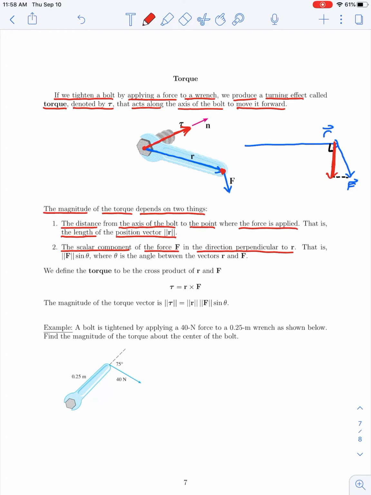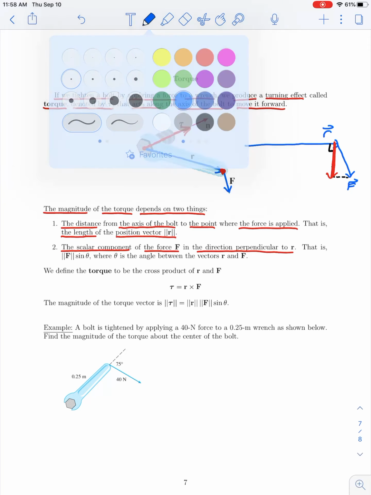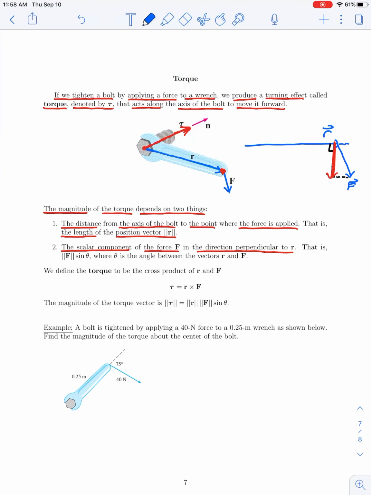Here, if we think about extending the vector R to define some line, we can see that the angle between the vectors R and F would be theta. Another way to see that: if we draw the vectors R and F such that their initial points are the same, the angle between them is what we're calling theta.